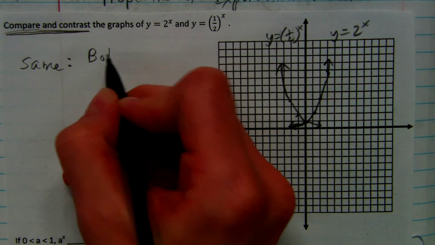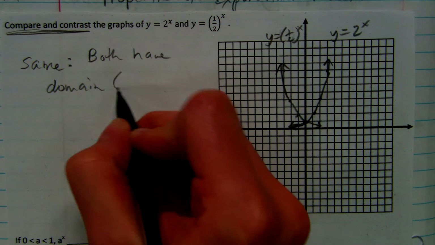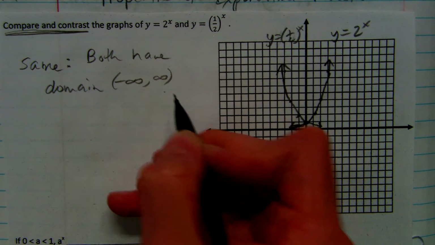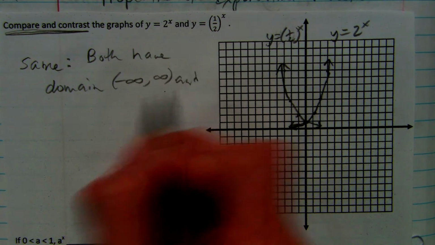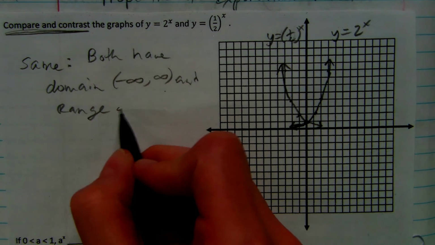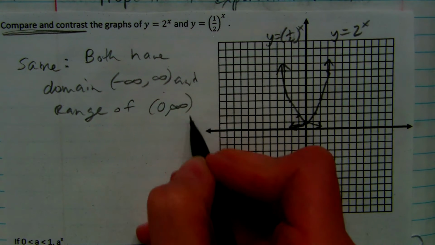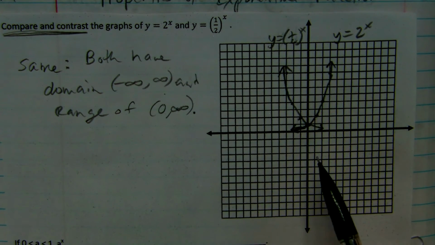Both have a domain of negative infinity to infinity and a range of 0 to infinity, bottom to the top. So that's how they're the same.